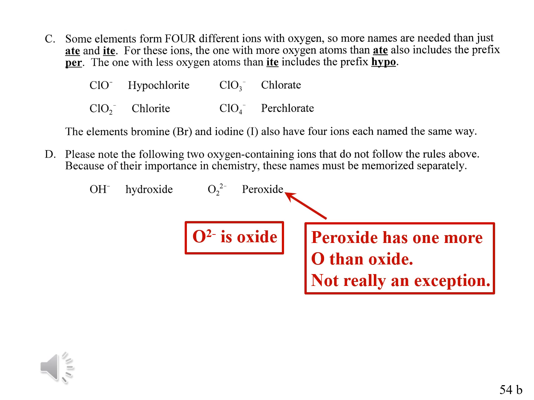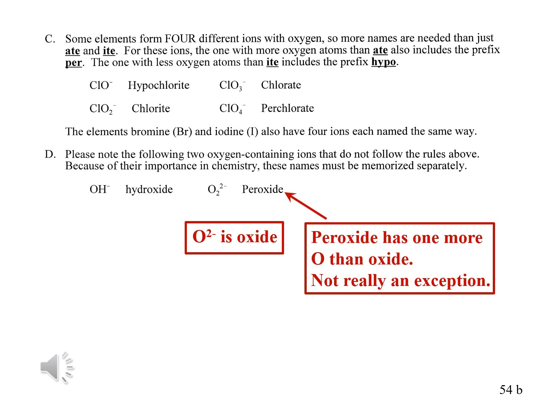O2 2 minus is peroxide. And so it follows that rule about using per, but that ion always goes in pairs. You have to have O2 2 minus. You can't reduce the O2.